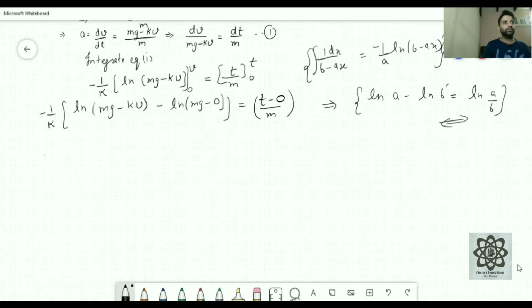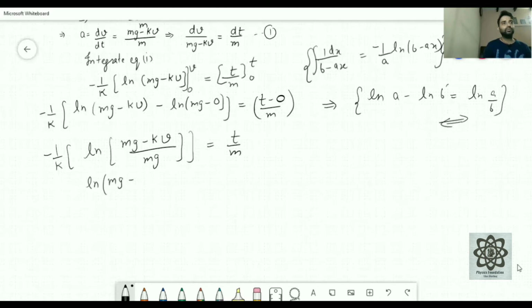So what we will do is 1 upon k, and we will write this as dividend divide. So mg minus kv divided by mg, right, is equal to t by m. Now we will take this term to our right hand side, so we can write ln mg minus kv divided by mg is equal to minus kt by m, right?